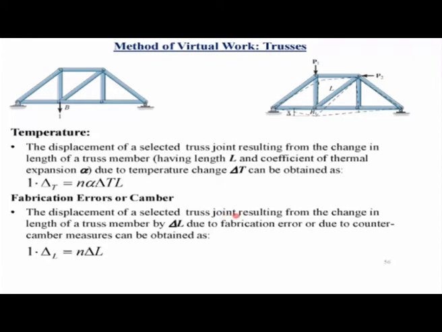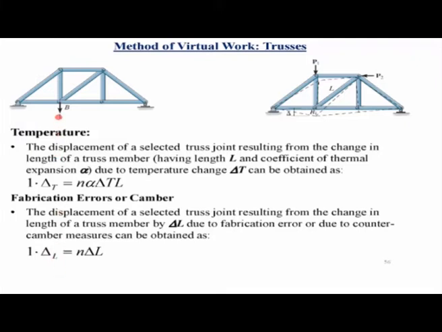So the displacement of a selected truss joint resulting from the change in length of a truss member by delta L due to a fabrication error or due to counter camber measures can be obtained as 1 times delta L, where delta L is the joint deflection due to the fabrication error, and here the change in length is already given, that is the fabrication error, delta L. So that is multiplied by the member force in that member due to the applied virtual load.